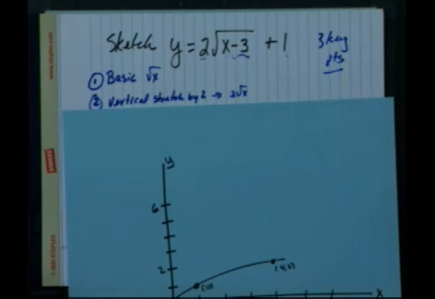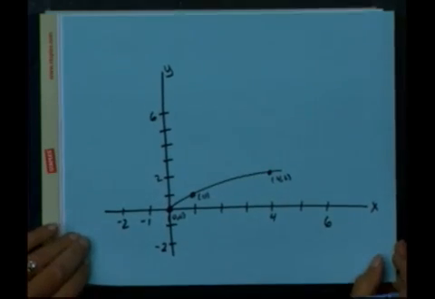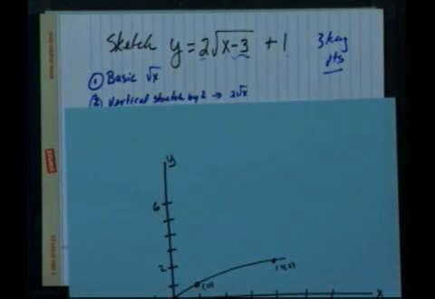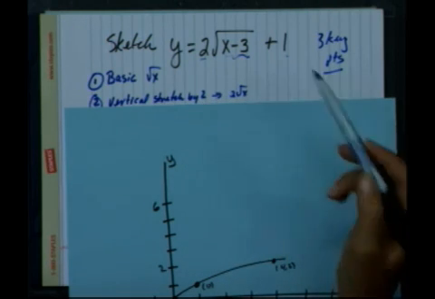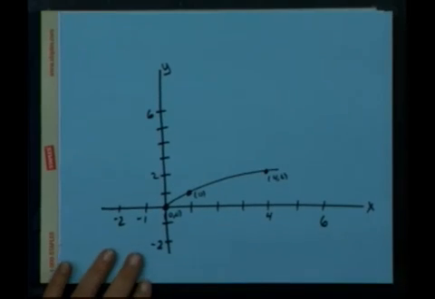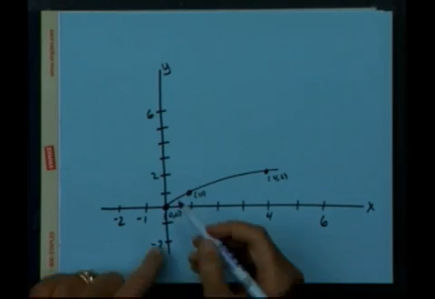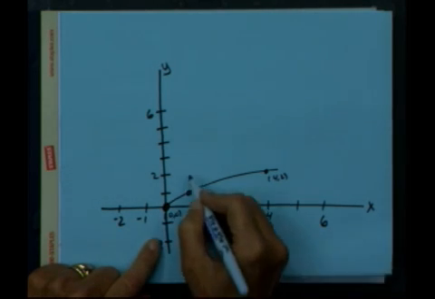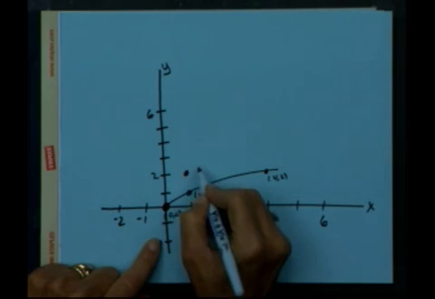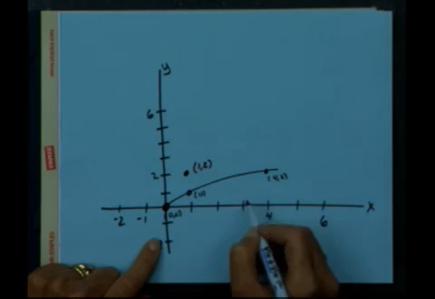The next part, we're going to do a vertical stretch by 2. What does that mean I do? What am I going to multiply by 2? The y values. So the y values are going to be multiplied by 2. 0 times 2 is 0. 1 times 2 is 2. Remember, you're leaving your x's alone.